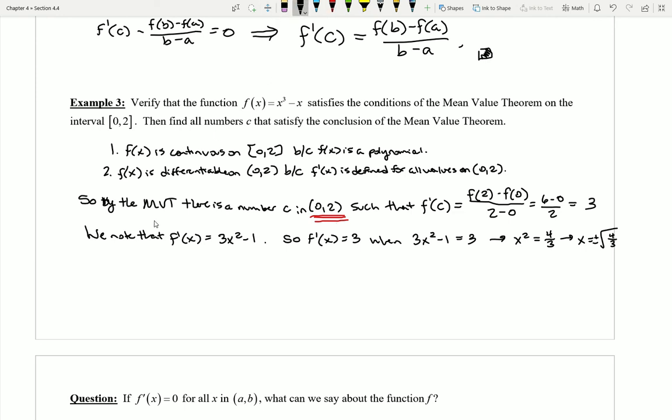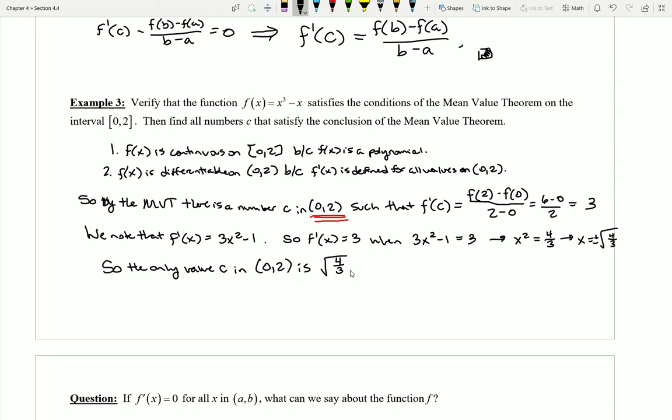And so I can state that the only value c in the interval from 0 to 2 is therefore not going to possibly be this negative one. It would actually only be the value of the square root of 4/3, which of course you could probably guess here is a little bit bigger than the square root of 1. It's a little bit bigger than the value of 1. So this would be the only value that I have.